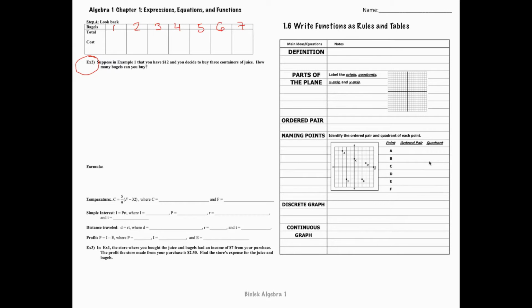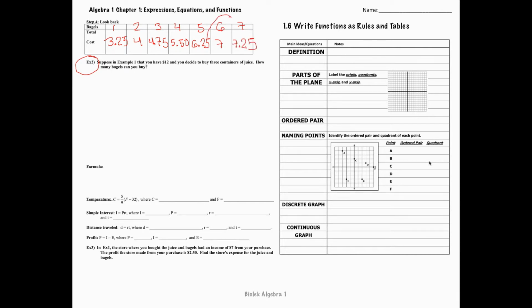So we know we started with $2.50 with that orange juice. So if I just bought 1 bagel, I'd only be adding 75 cents to that. And then if I bought 2, I could add 75 cents to that number. So that'd be $4. 3 would be $4.75. 4 would be $5.50. 5 would be $6.25. 6 would be $7, and then 7 would be $7.25.